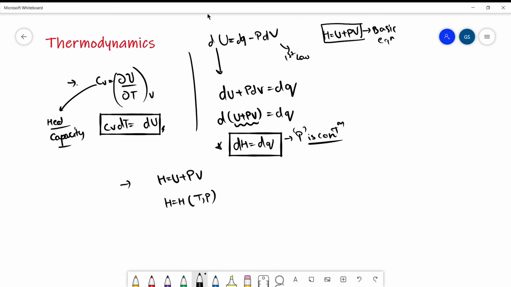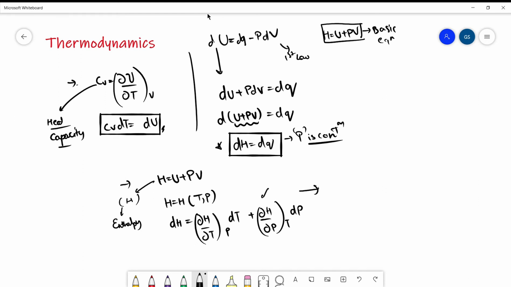I'll take T and P. So this dH will be del H by del T at constant pressure dT, plus del H by del P at constant temperature dP. Now this is what we did in the last lecture with internal energy. Now we are doing this with enthalpy, or H.